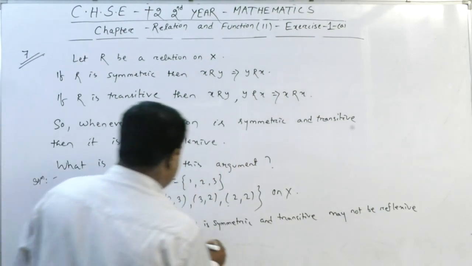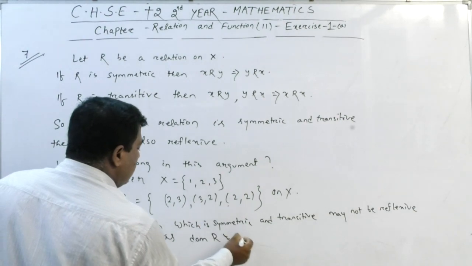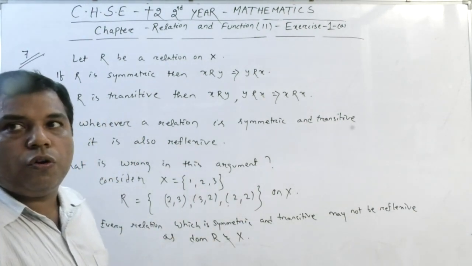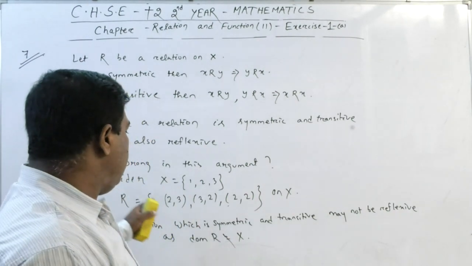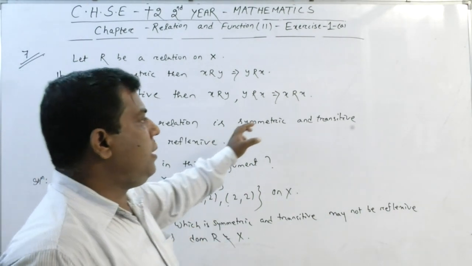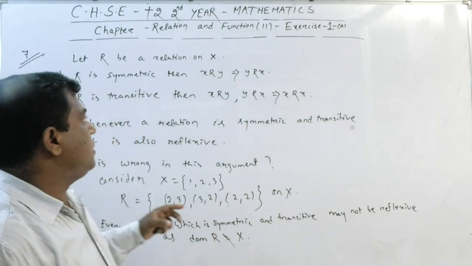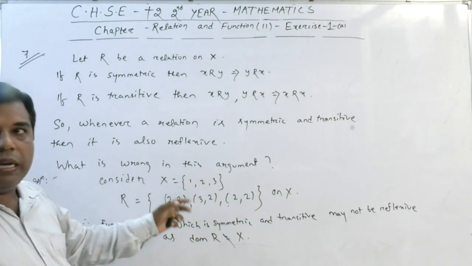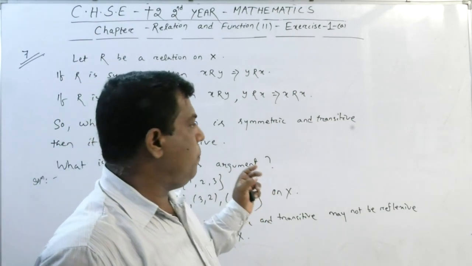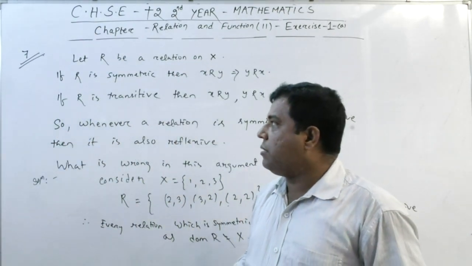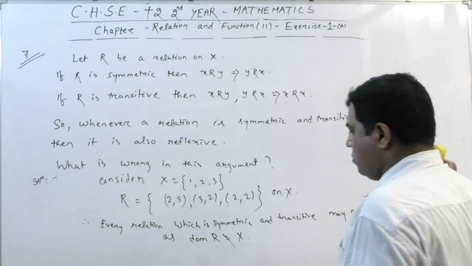As the domain of R is not equal to set X. The domain may not be equal to set X. So, my dear students, a relation which is symmetric and transitive may not be reflexive. This is the example to show question number 7. Please go through it and check it. Clear?